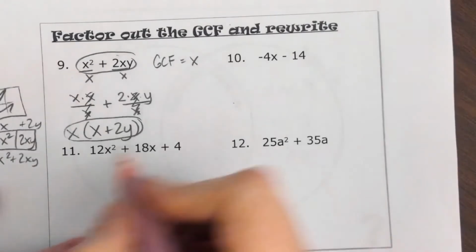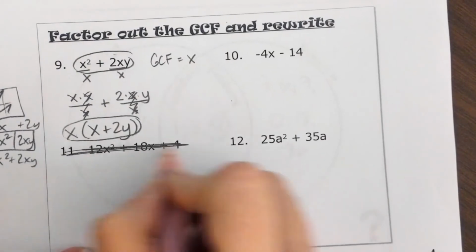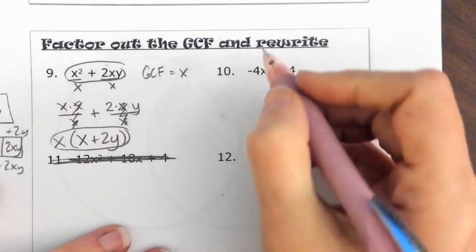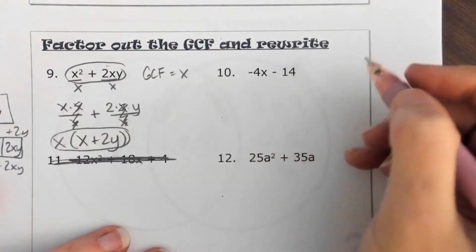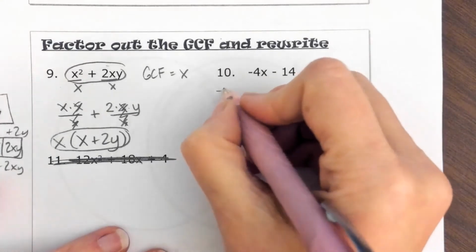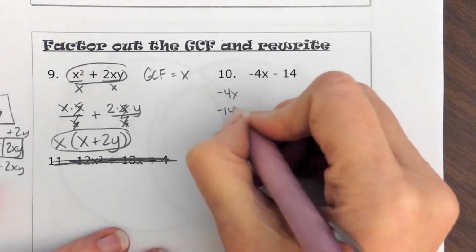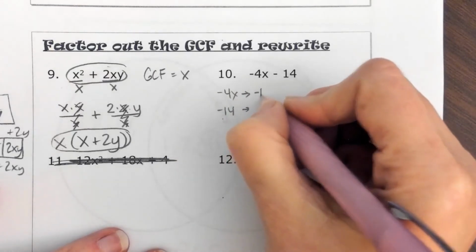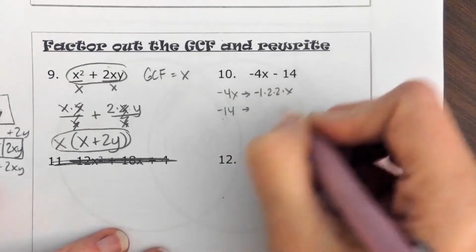Okay, so for this one, oh, we're not going to do this one, by the way. For this one, okay, so I have negative 4x minus 14. So I'm going to start by finding my GCF. Okay, so I have negative 4x and negative 14. Well, negative 4x is negative 1 times 2 times 2 times x.